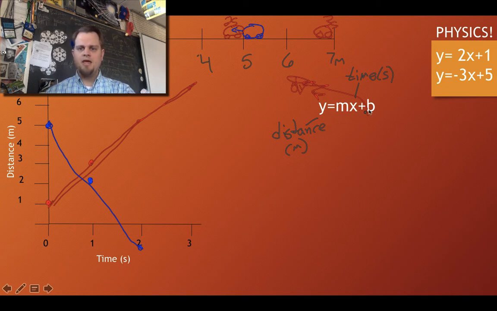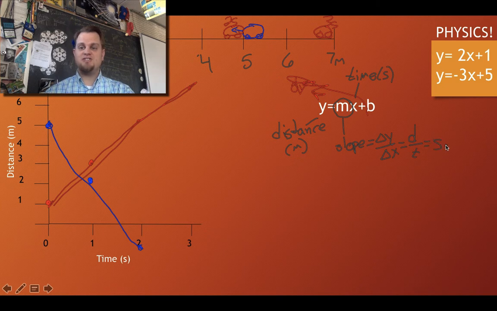And then what I did, the way this works, remember that m is slope, right? Now, if m is slope, that means it's the change in y over the change in x. Now, what did we just define y as? Distance. What did we just define x as? Time. So, do you recognize distance over time?